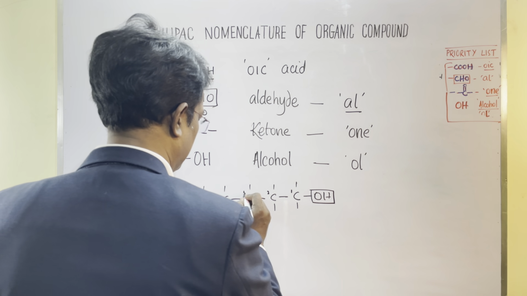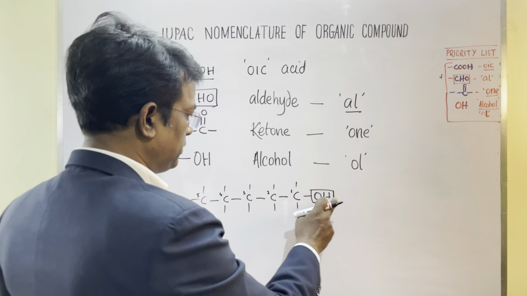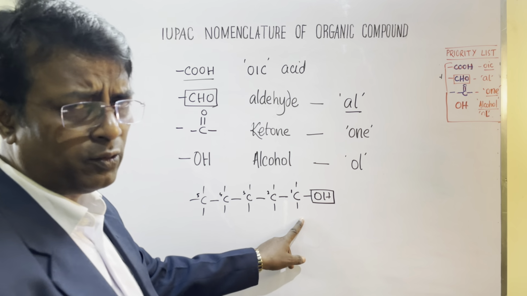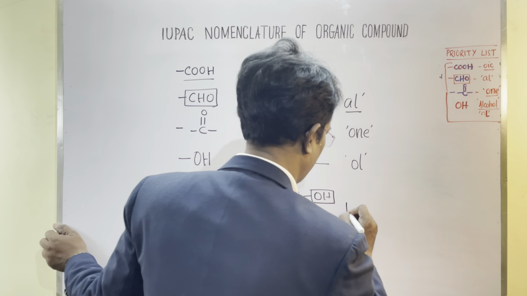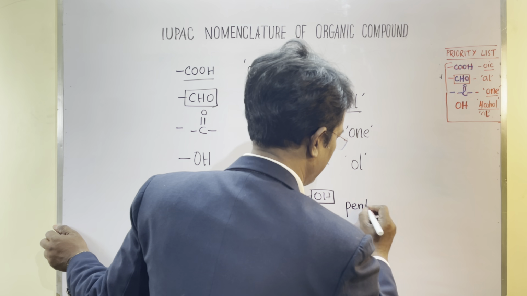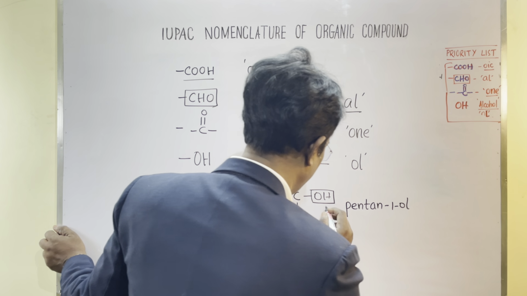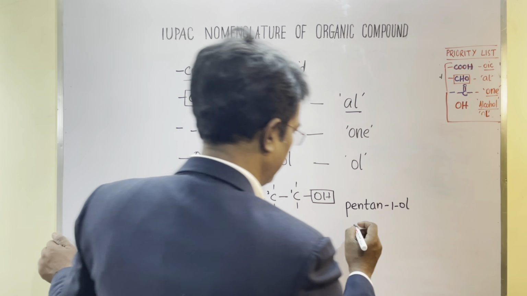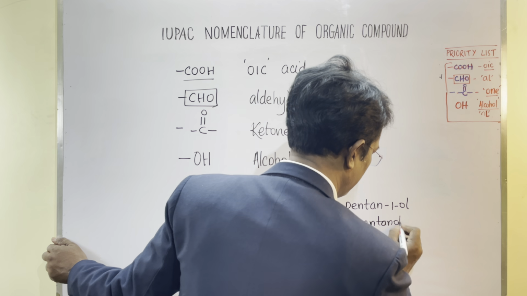Numbering 1, 2, 3, 4 and 5. So it is attached at 1, and 1 we can ignore here. We can straightaway write the name here. 5 means it can be written as pentan-1-ol, or simply, if it's not written at the corner one, we can write pentanol. Pentanol.